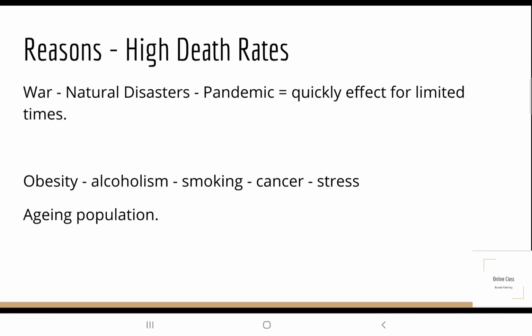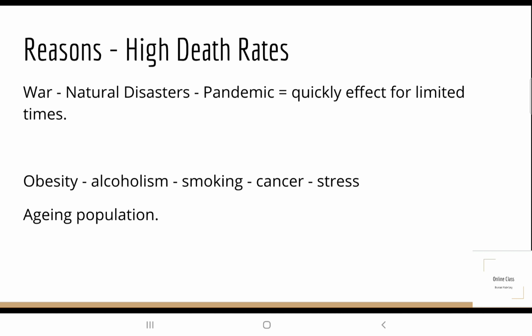Okay, so reasons for high death rates. These can change very quickly. We have three examples here: war, natural disasters, and pandemics. These can very quickly affect death rates and increase them, but for limited times only.